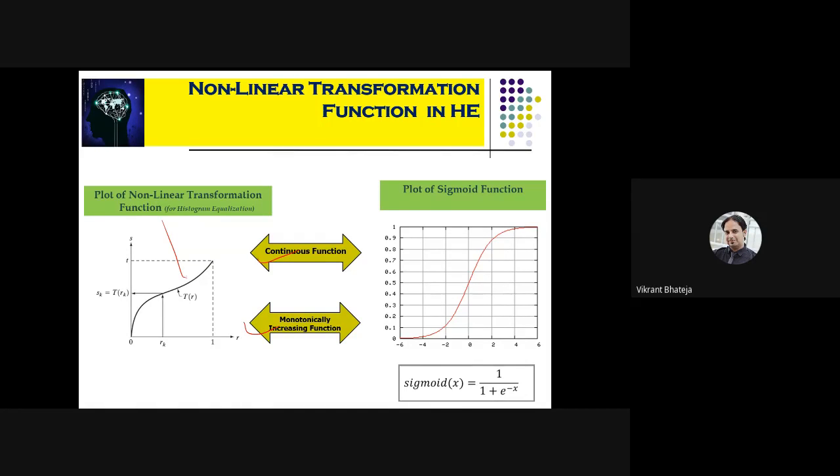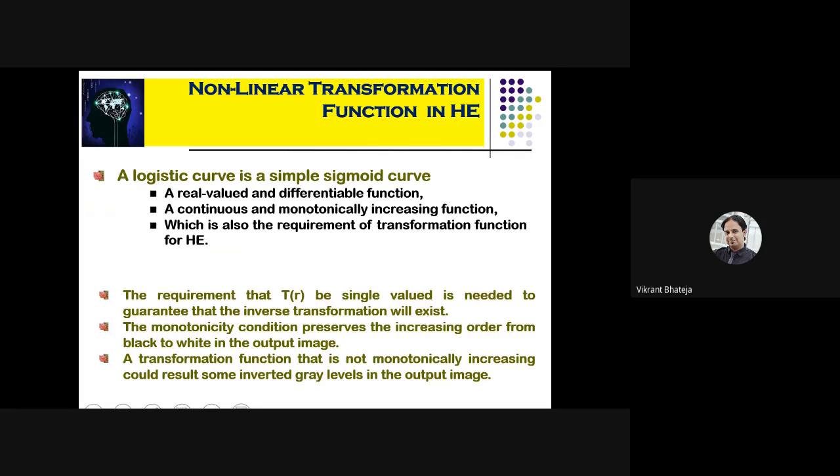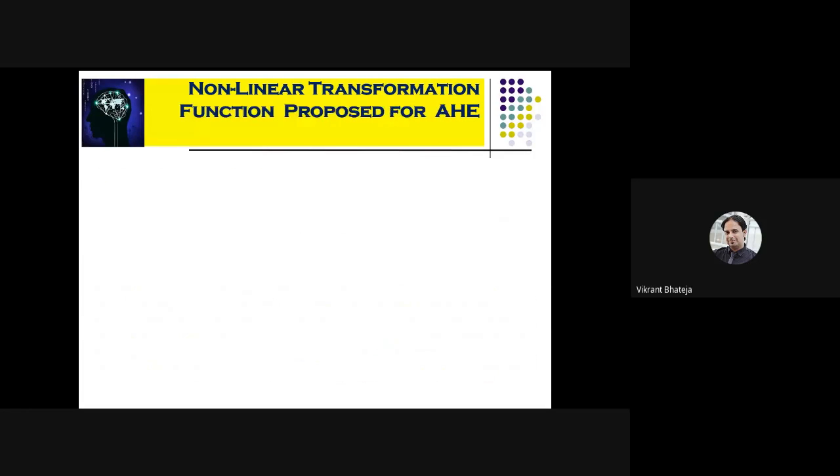Now, this particular function should be single valued. Once it is single valued, the inverse transformation does exist. It should be a monotonically increasing function, because then you can preserve the gray levels to a very good extent.